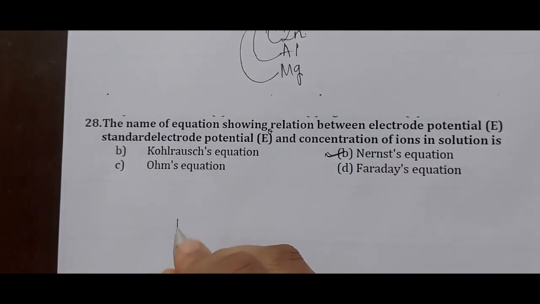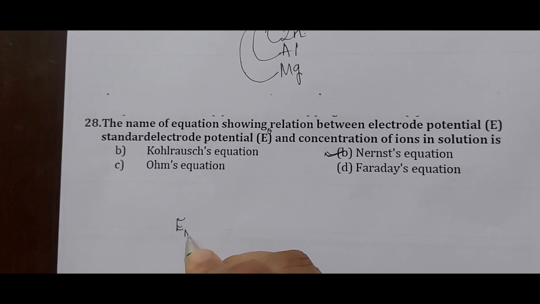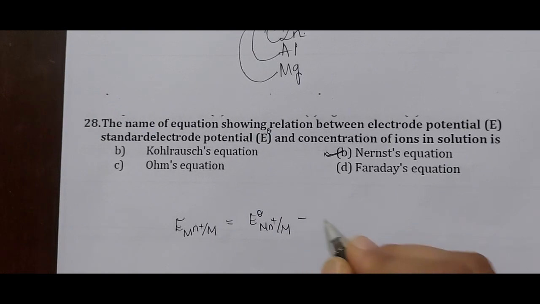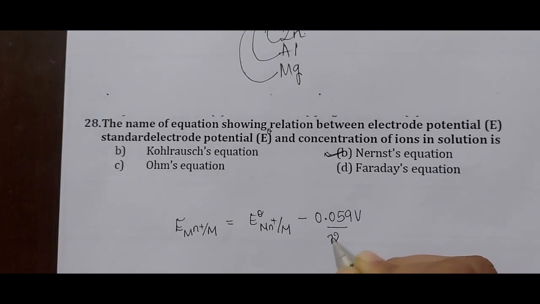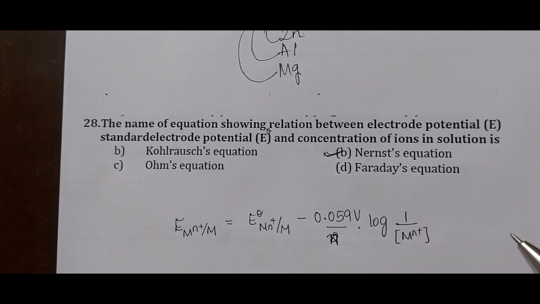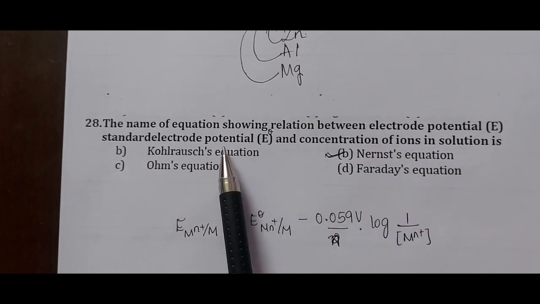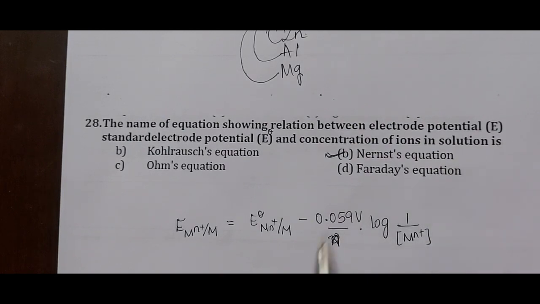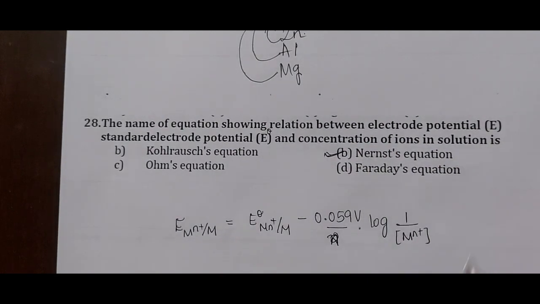E of Mn+/M is equal to E naught of Mn+/M minus 0.059 volt divided by n into log of 1 divided by [Mn+]. So this is the equation which relates electrode potential, standard electrode potential, as well as the concentration of ions in solution. So the answer is the Nernst equation.